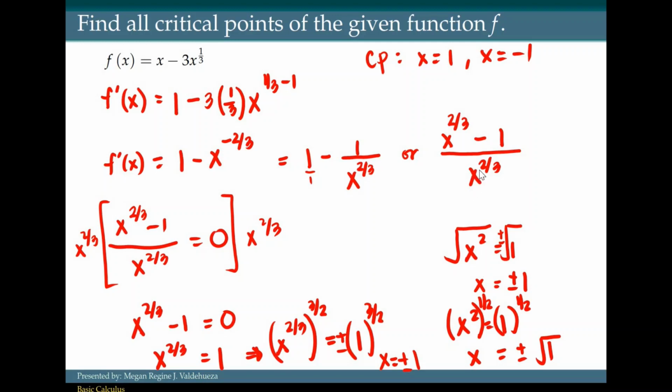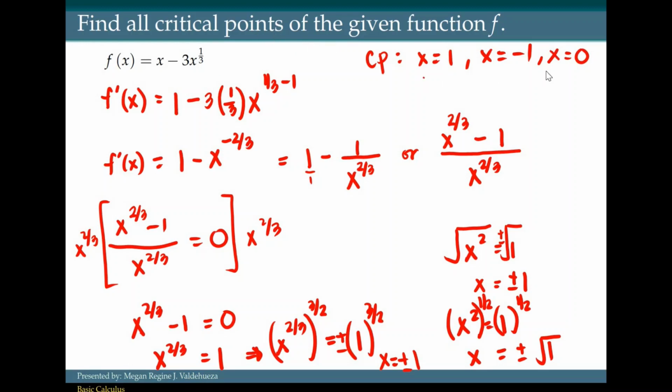That is, if x is 0, right? So we will also consider x equal to 0 as our critical point.